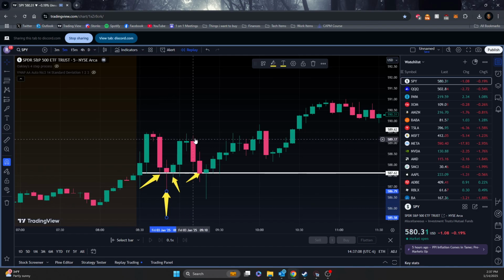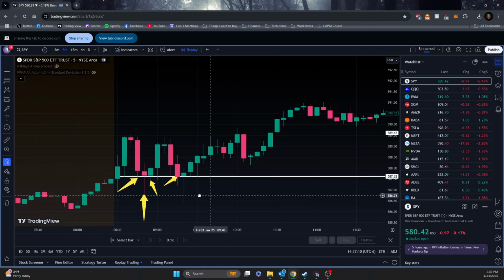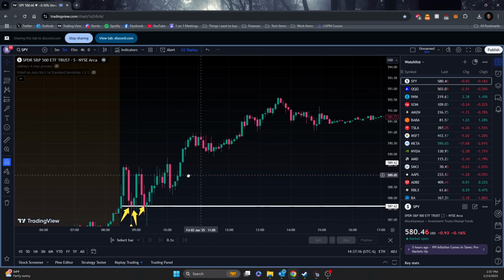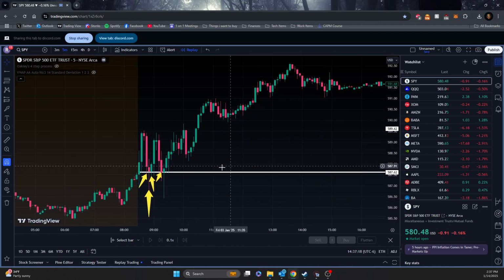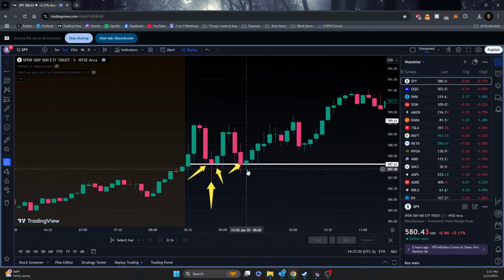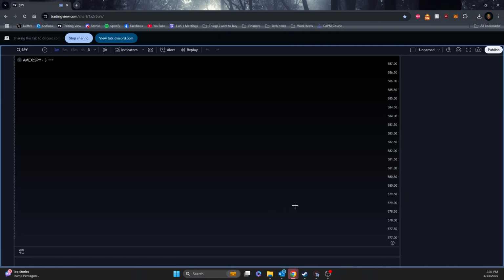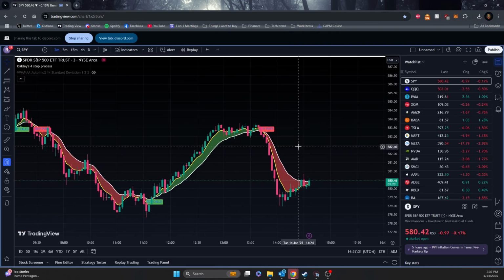They gobbled up all that money, pushed us higher, and then they just did it again here. So the same thing, wicked underneath that level, the wick got bought up, and then it looks like we continued to climb throughout the day. So that right there is a textbook liquidity sweep. You find a significant level, whether it's support or resistance, it works in both directions. And then you kind of go from there.